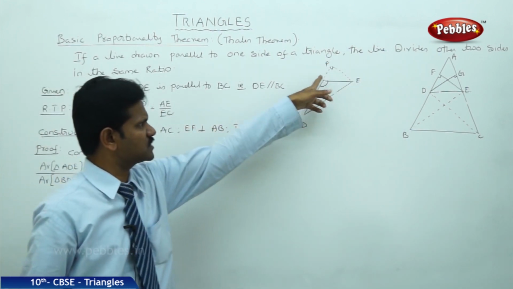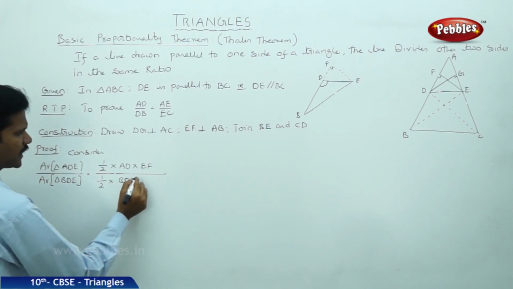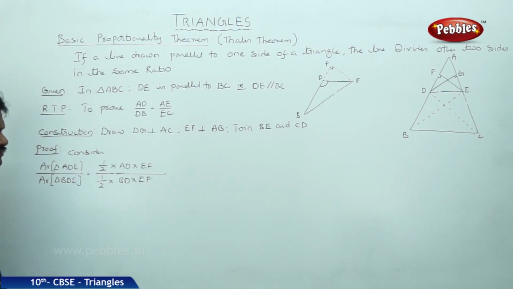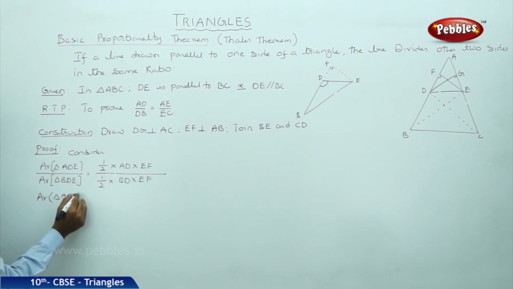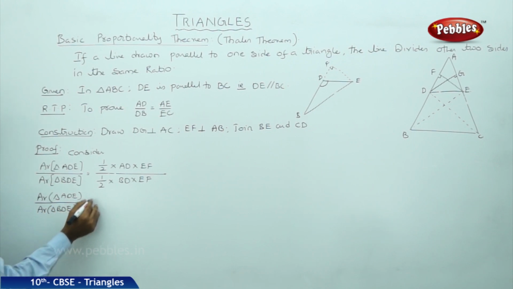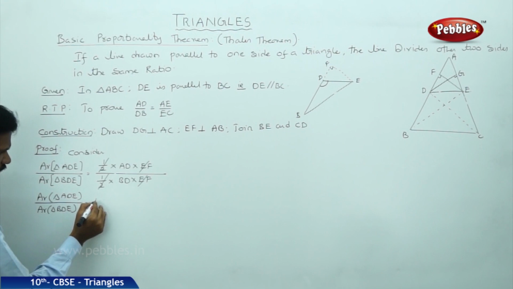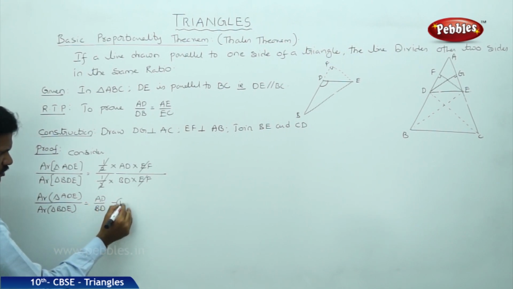Therefore the base is BD into height is EF. Therefore area of triangle ADE by area of triangle BDE is equal to, half gets cancelled, EF gets cancelled, that is AD by BD. This is equation 1.